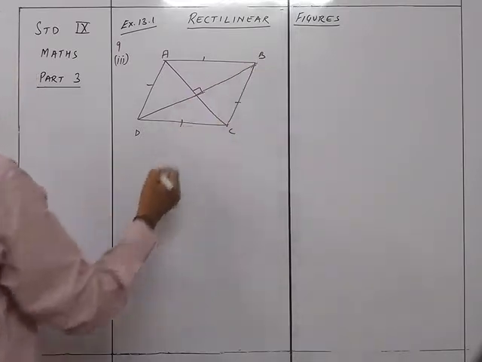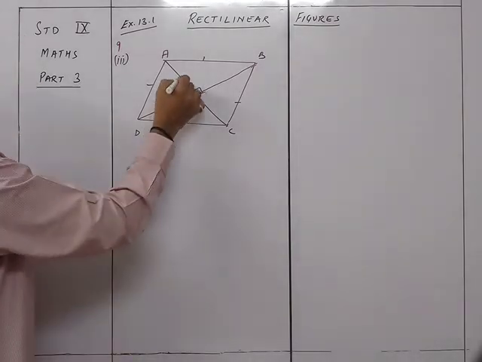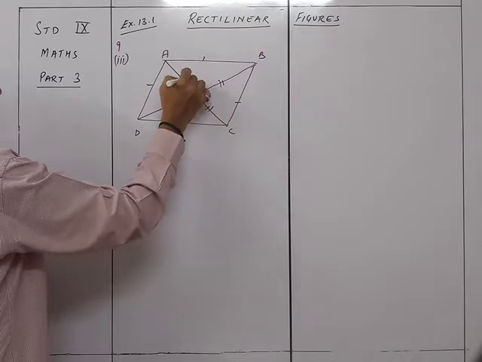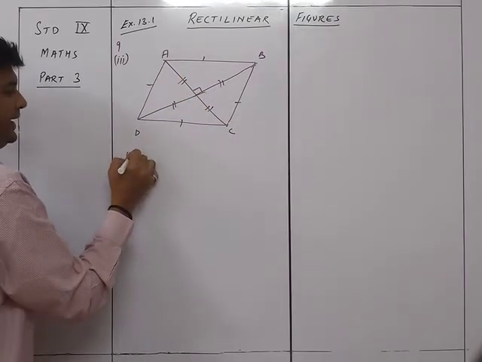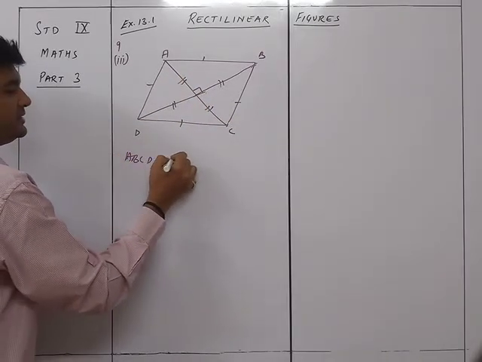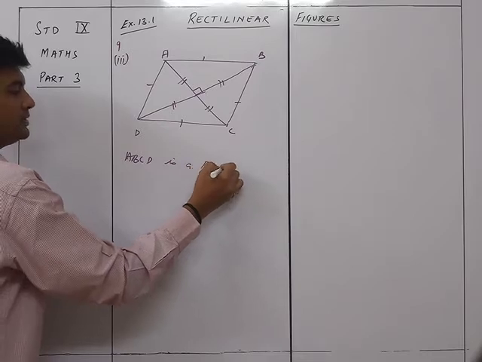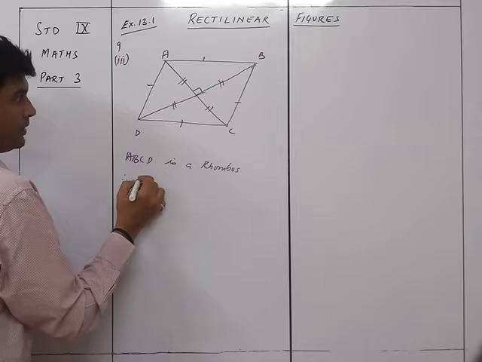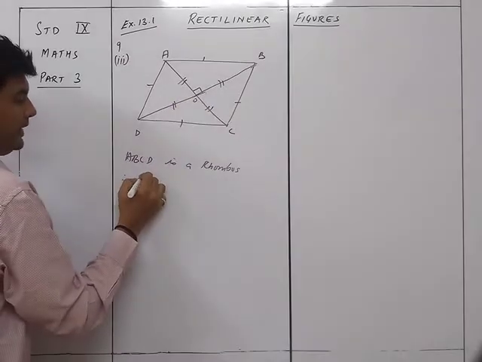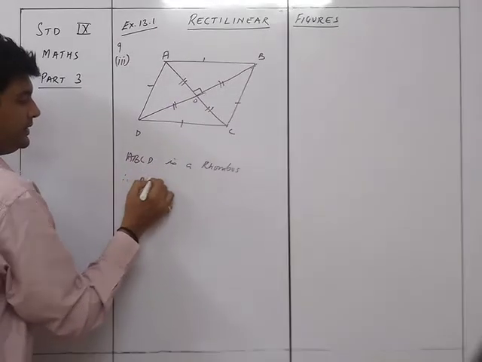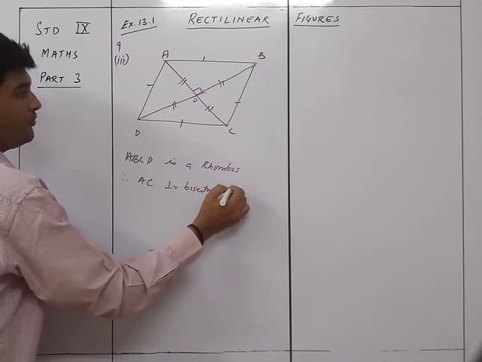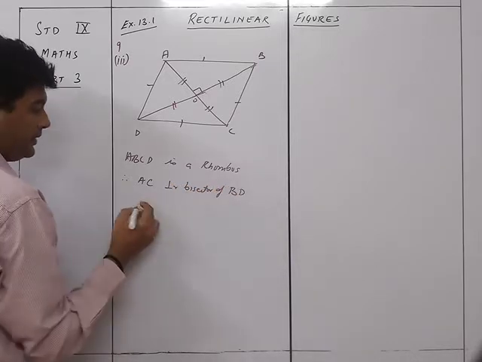Okay, we know that they are perpendicular. So if the diagonals are equal, that means all four parts will be equal. So it's given over here that ABCD is a rhombus. Therefore, AC is perpendicular bisector of BD.